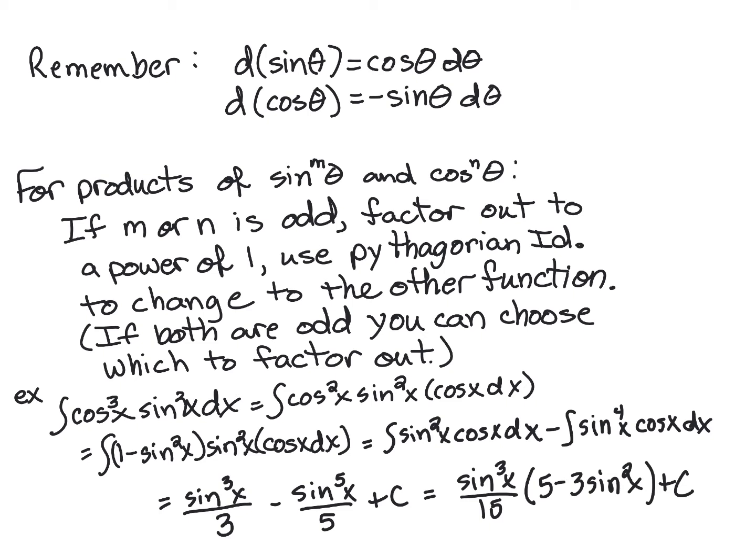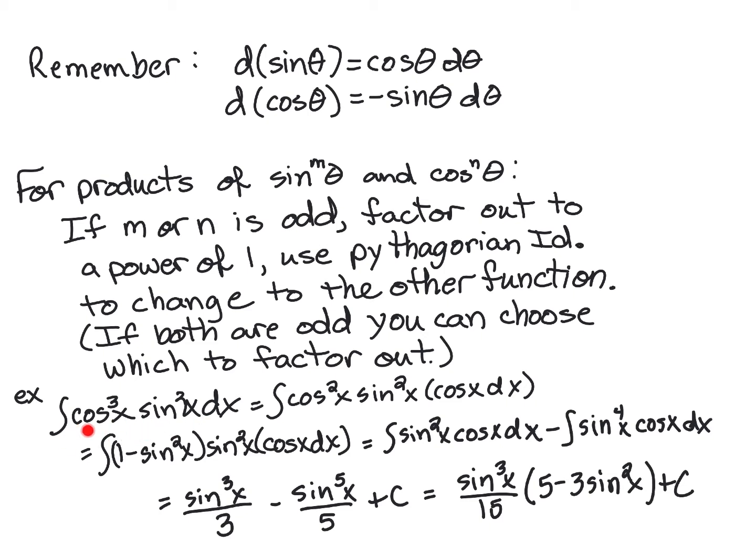Even powers of sines and cosines can be reverted back using the Pythagorean identity to the other function, okay? So you want to pull out that function to the power of 1, leaving the even power behind, and use the Pythagorean identity to change what's left so that you have a single factor of sine or cosine to the first power. Everything else can be changed to the other.